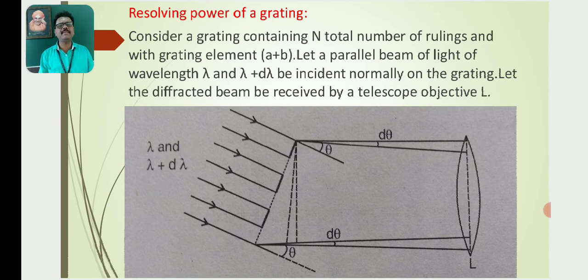Let the parallel beam of light of wavelengths lambda and lambda plus d lambda be incident normally on the grating. The incident parallel beam gets diffracted. Then the diffracted beam from the grating can be received by the telescope objective, the convex lens L.